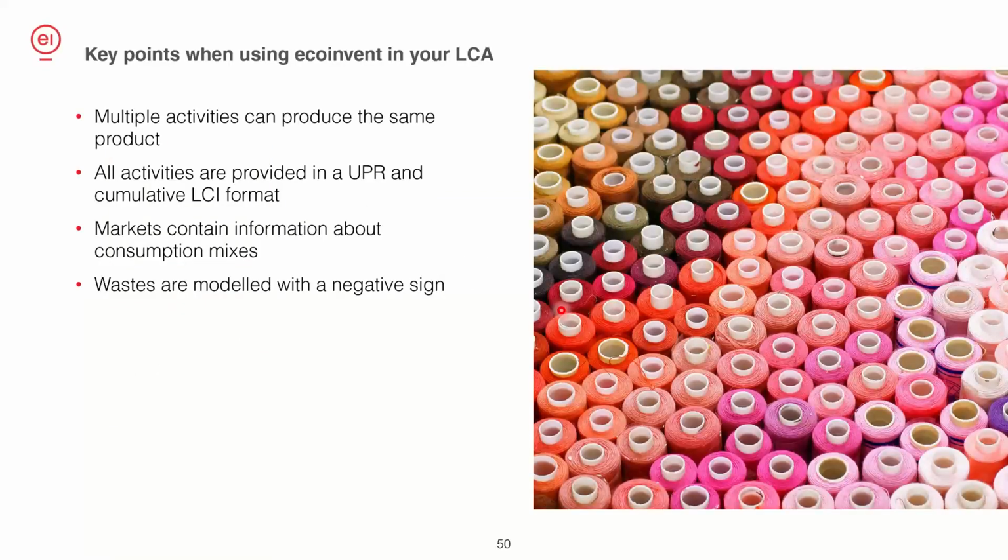So, wrapping up, some key points when using the database in your life cycle assessment is that multiple activities can produce the same product. All activities are provided in a unit process or gate-to-gate format and in a cumulative LCI format. Markets contain information about consumption mixes, and wastes are modeled with a negative sign.